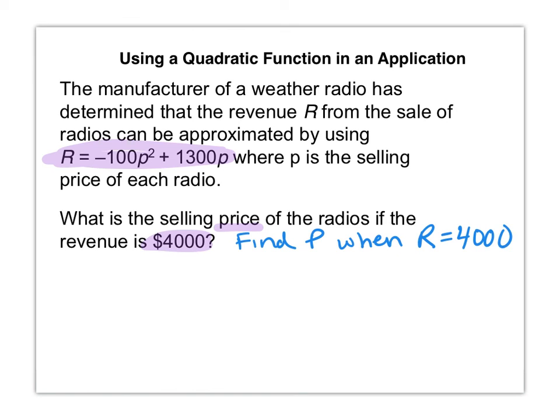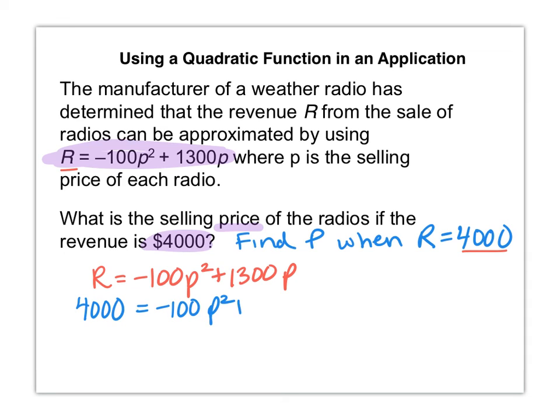We're going to take this equation for R. R is equal to -100p squared plus 1300p, and we're going to replace the R with the given value of 4,000. So 4,000 is equal to -100p squared plus 1300p.